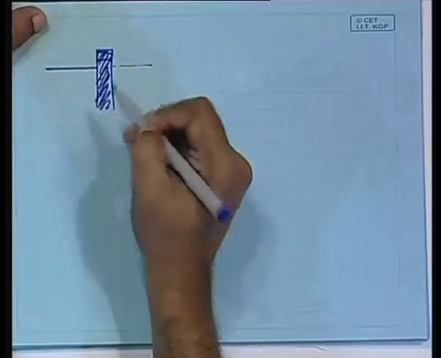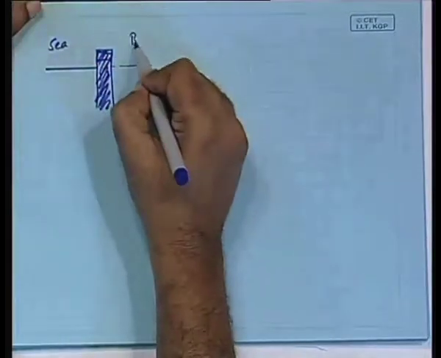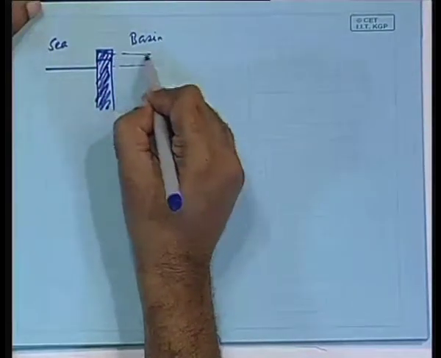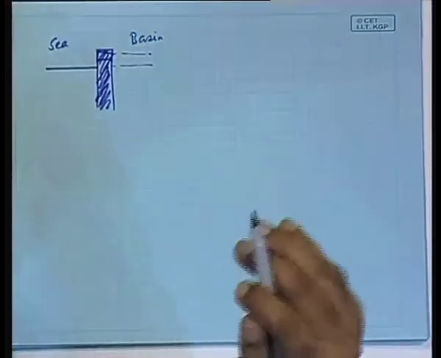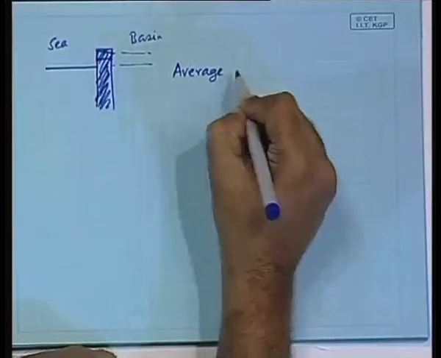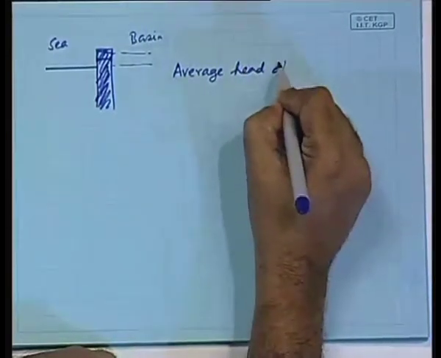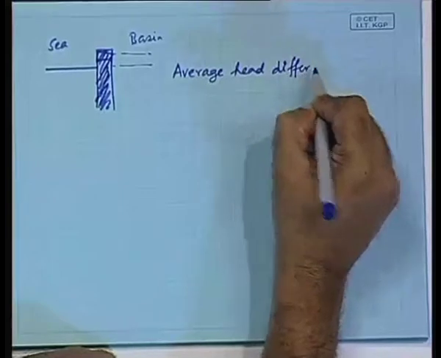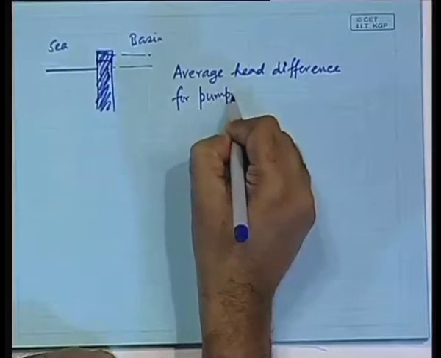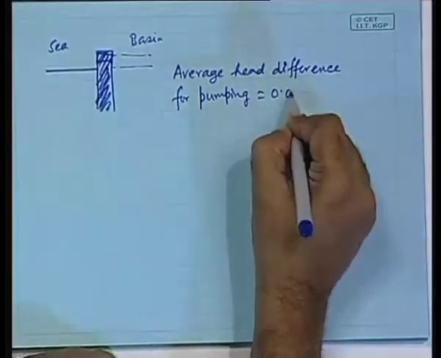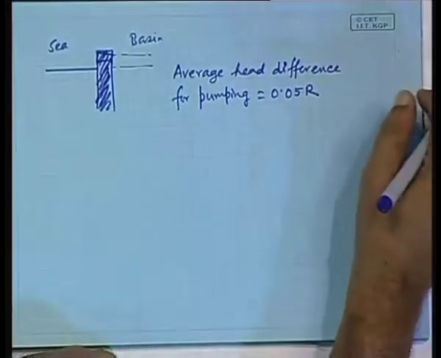This is the dam, this is the sea, and this is the basin, and you increase it to this much, 0.1 R. So what is the average head difference against which you have to do the pumping? 0.05 R. Okay. So average head difference.